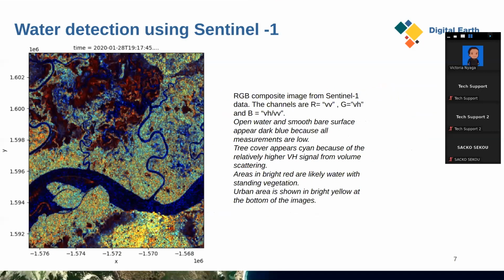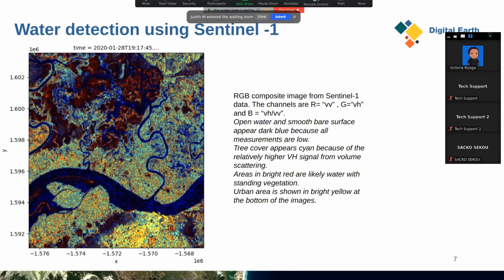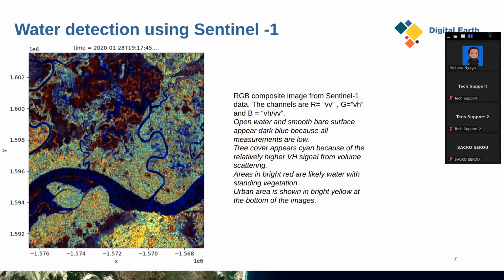In the first image, we have an RGB composite from Sentinel-1 data, where the channels we've used for red, green, and blue are the VV polarization, the VH polarization for green, and then a ratio combination of the VH and VV polarization data.